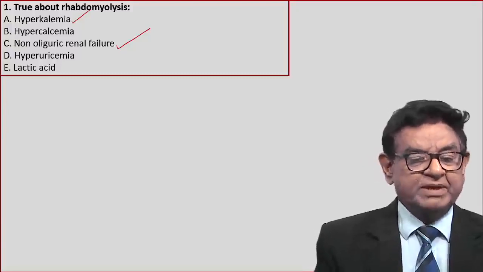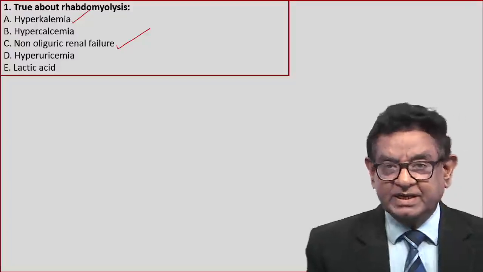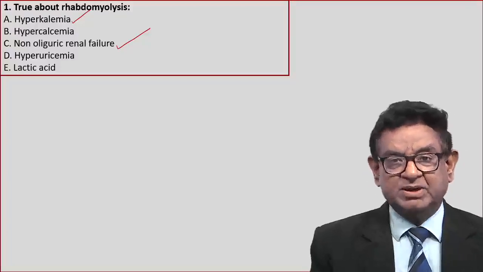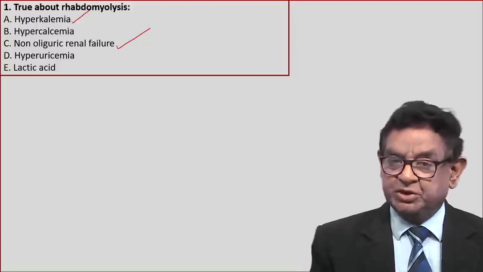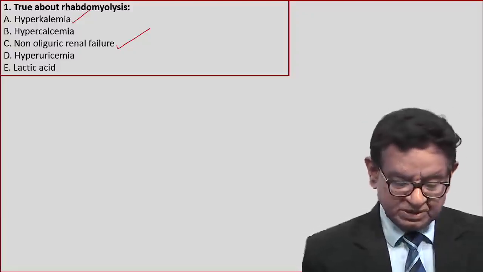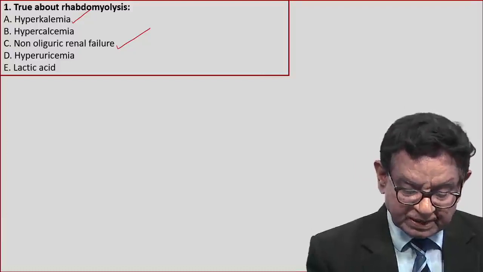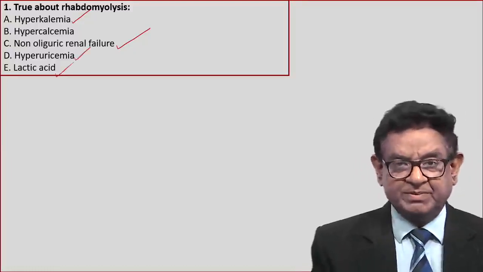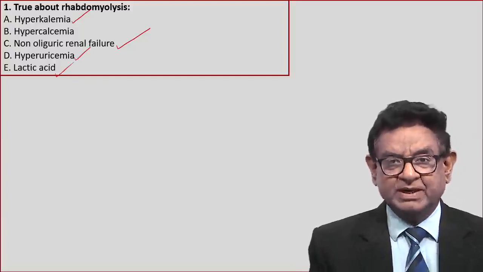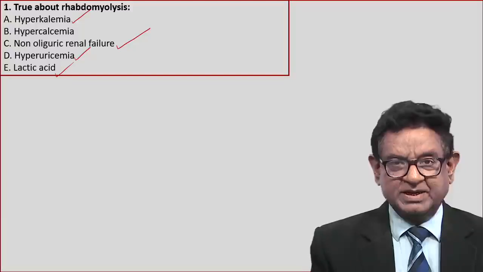Hypocalcemia, not hypercalcemia, occurs. And due to breakdown of a large amount of muscle, lactic acidosis occurs and hyperuricemia occurs. So other than option B, everything happens. Hypocalcemia is a feature, not hypercalcemia.